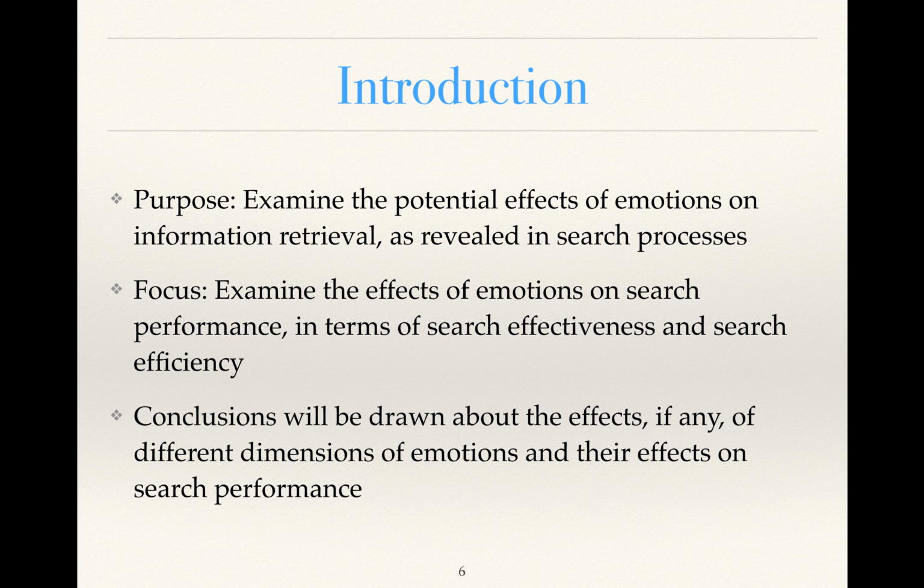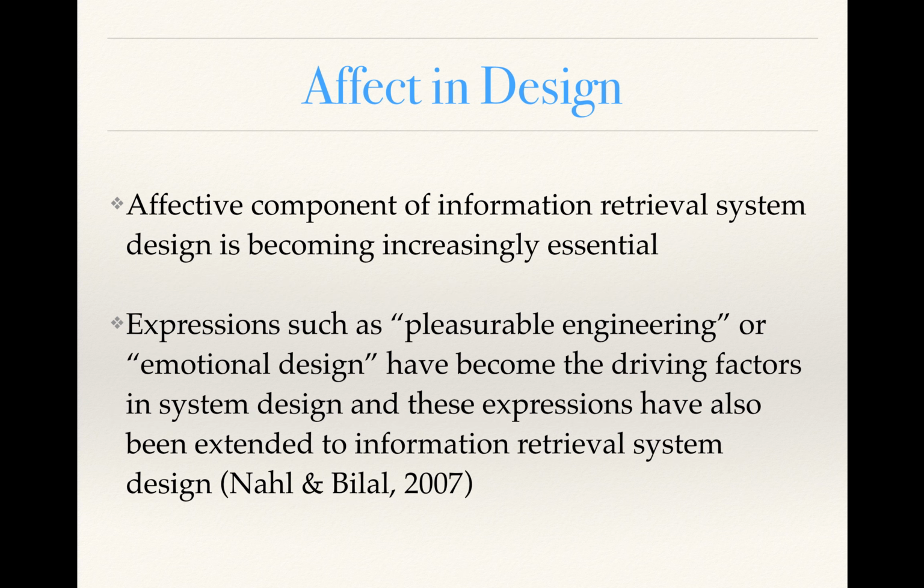I am focusing very narrowly on examining the effects of different emotions and different dimensions of emotion on search performance, for example, search effectiveness and search efficiency. And my aim is to draw a conclusion, if any, to be able to say that specific dimensions of emotions have or do not have impact on search performance.